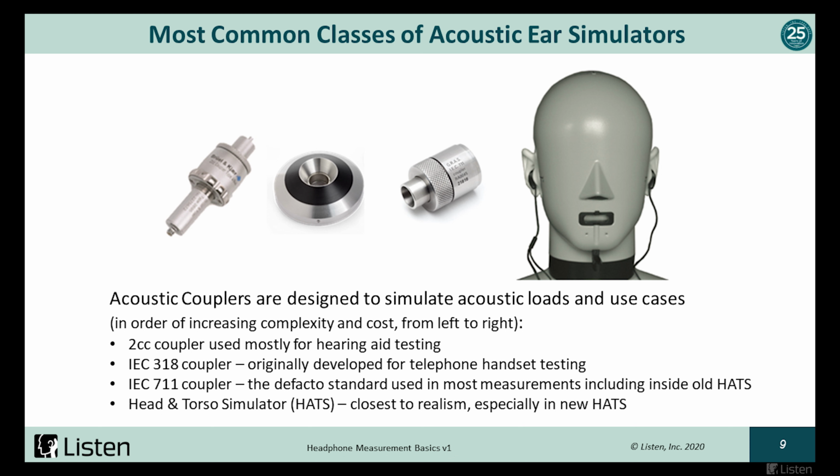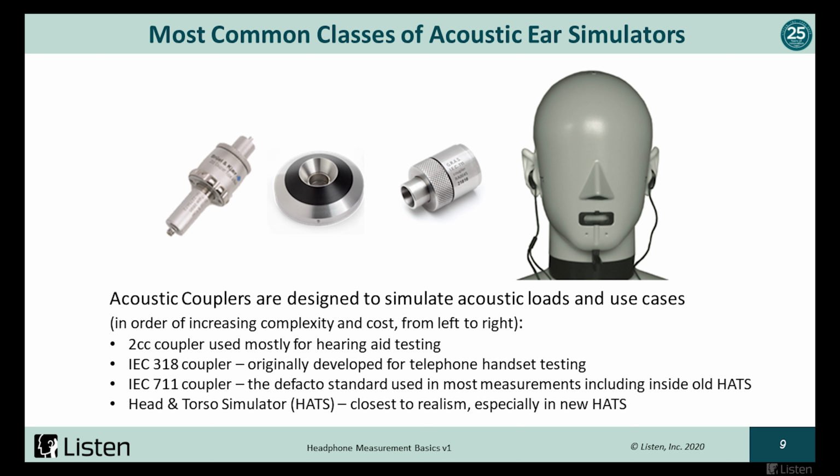Then, it's been around for ages, the IEC 318 coupler, which is also known for telephone testing and basically had a 3-volume design. Hopefully you can see my cursor. So a little more complex, a little more to represent the acoustic load of a human ear, but not very realistic when it comes to sealing like a human ear.